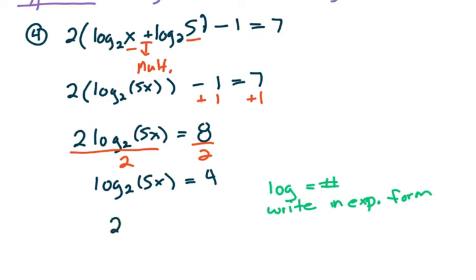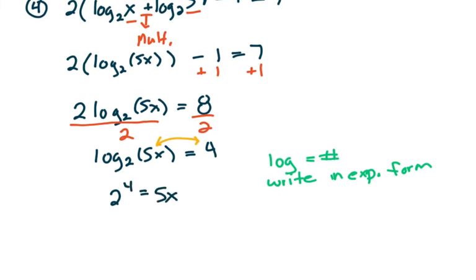So here, 2 is the base of my log, so it's the base of my exponent, and then we switch the next 2. So this would be 2 to the 4th equals 5x. Well, 2 to the 4th is 16, so 16 equals 5x. Divide each side by 5. So 3.2 equals x.